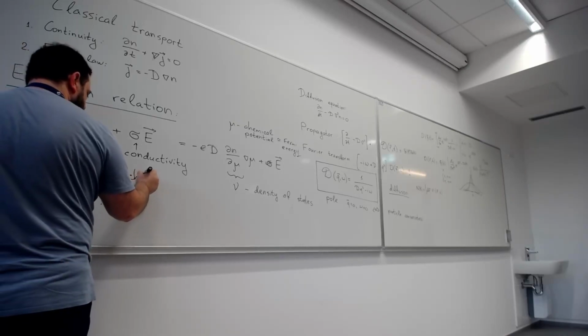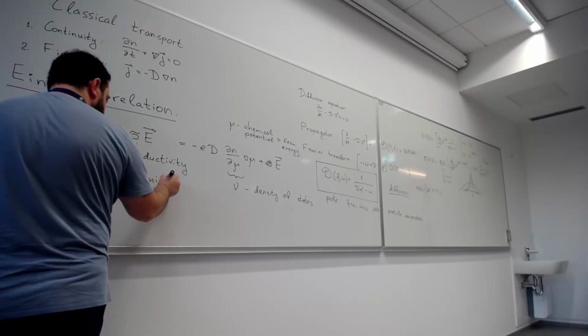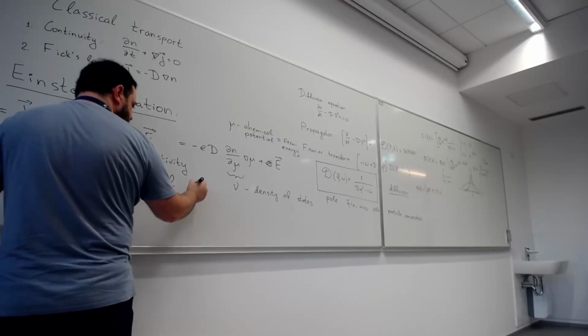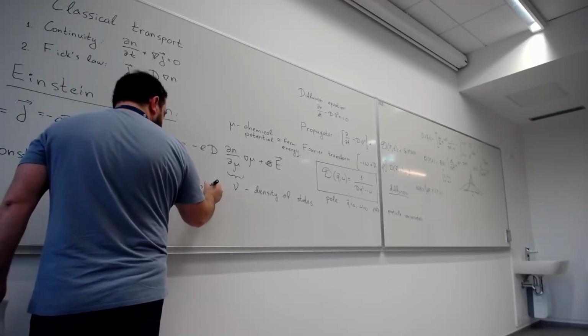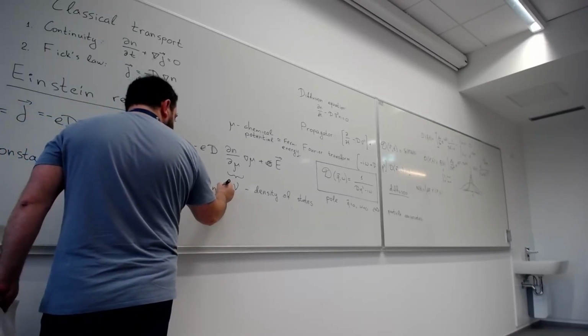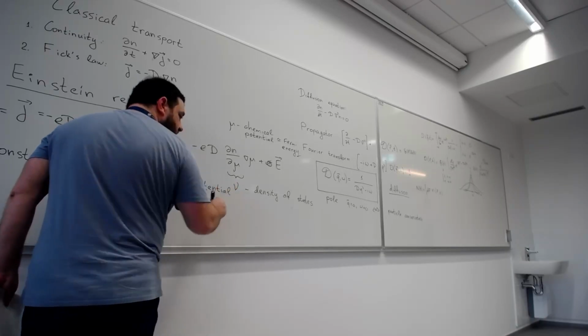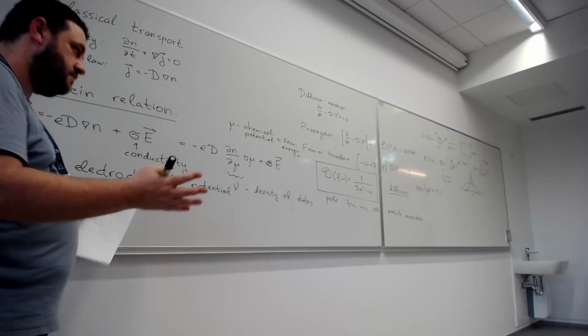Electrochemical potential is the sum of electric potential and chemical potential.